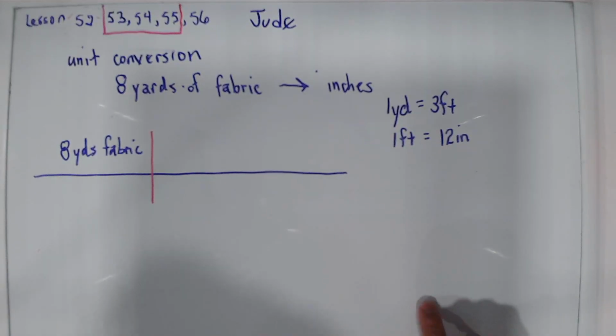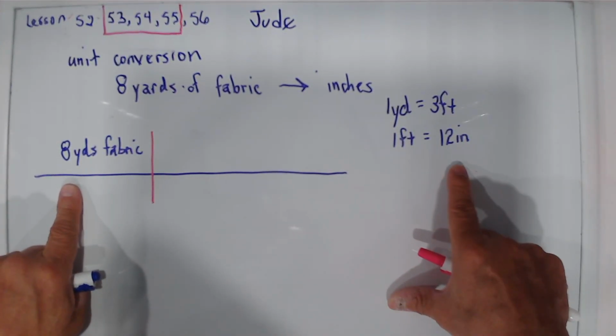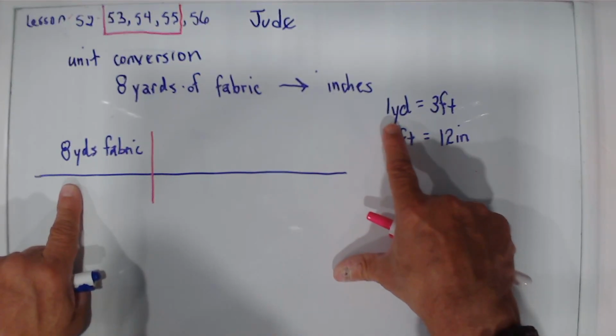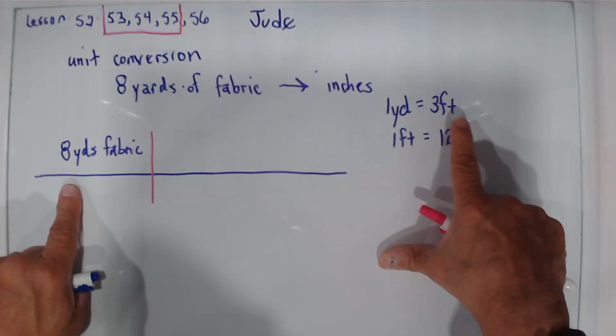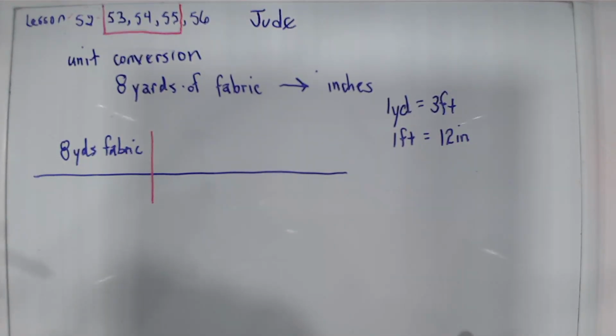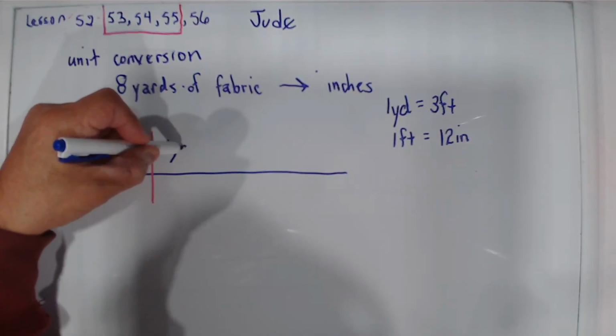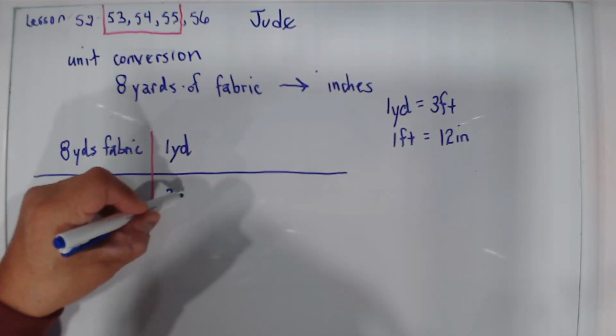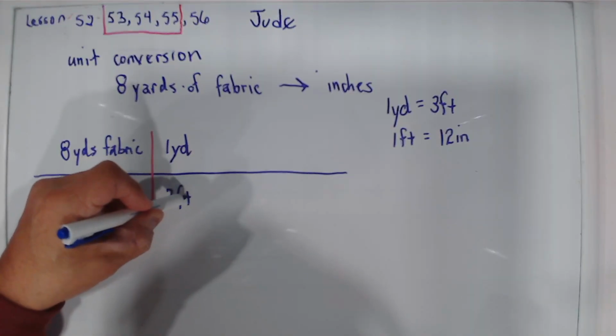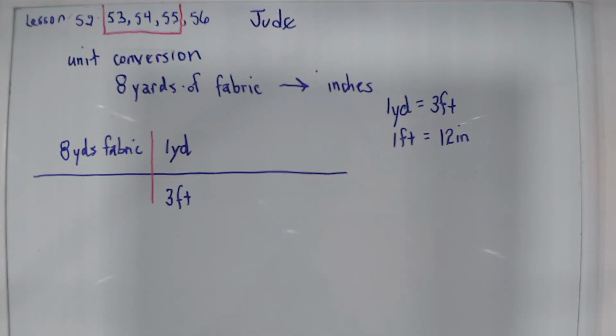Okay, so I have 8 yards here. I want to get to inches, and I've got this conversion here. 1 yard is equal to 3 feet. So if I put 1 yard on top, and I put 3 feet on the bottom, will that work?